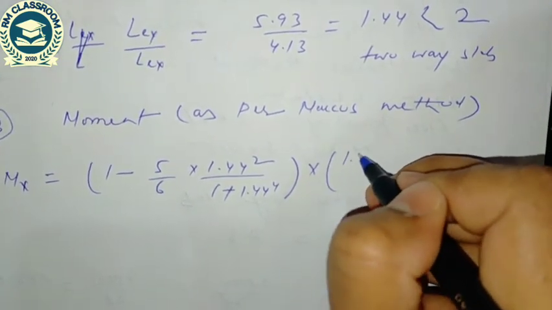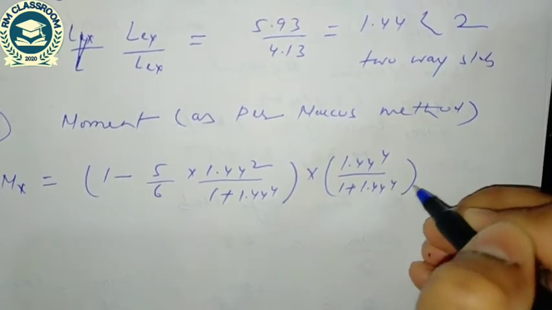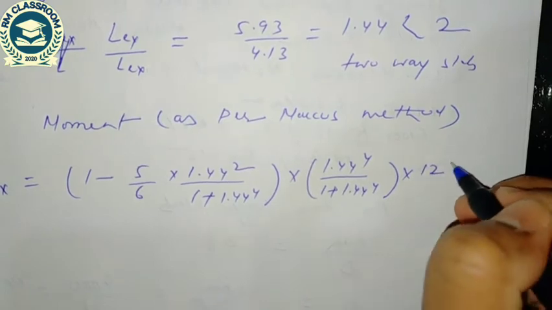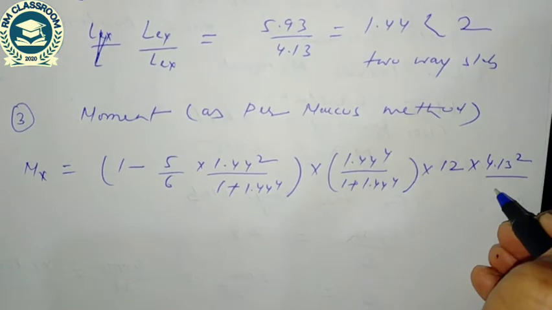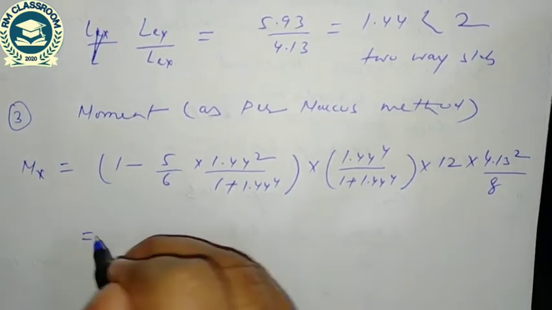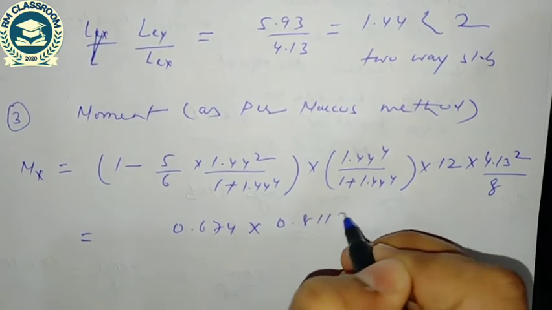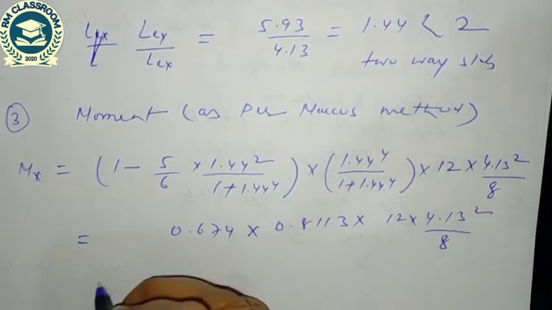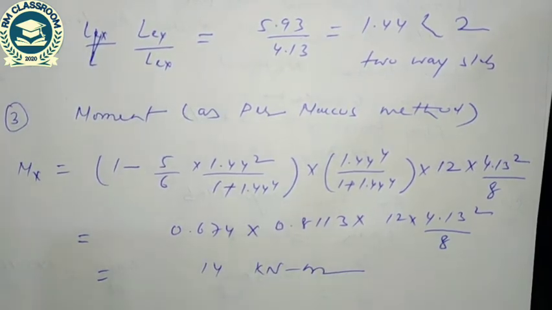Wx is r4 divided by 1 plus r4 into load. So the moment is coefficient 0.674 into 0.8113 into 12 into 4.13 square divided by 8.